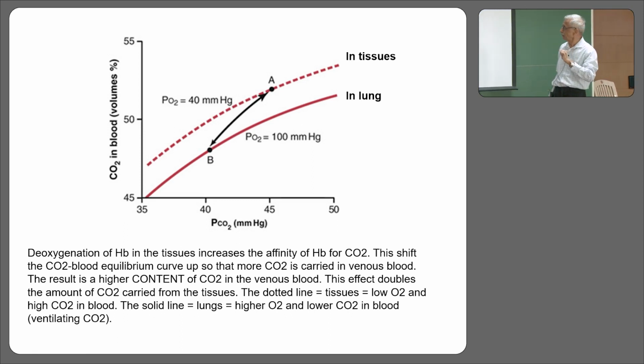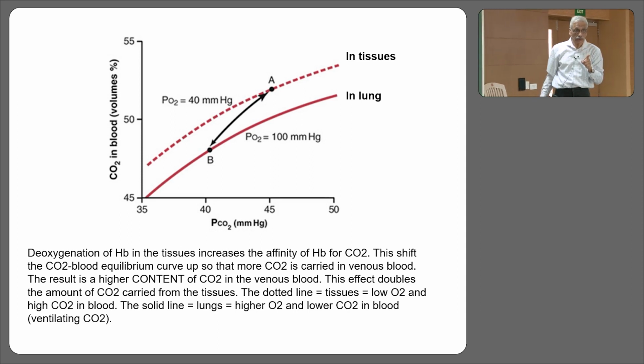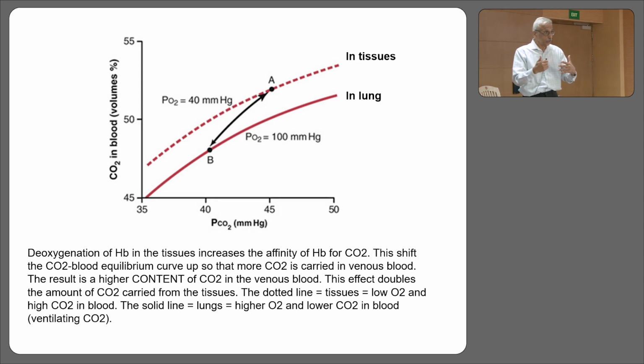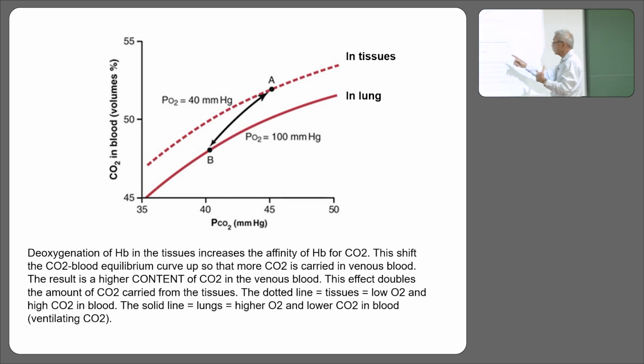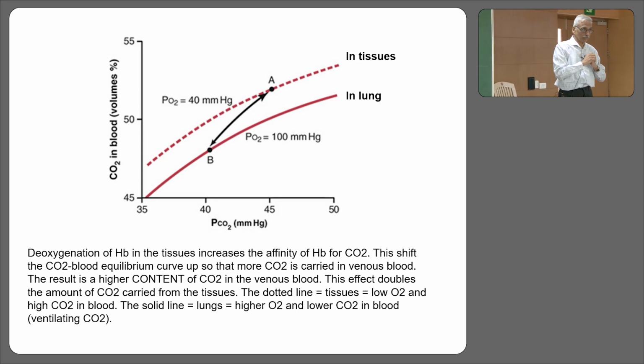Now, the blood has gone to the tissues. In the tissues, it has picked up carbon dioxide. The partial pressure of carbon dioxide in the blood has gone from 40 to 45.